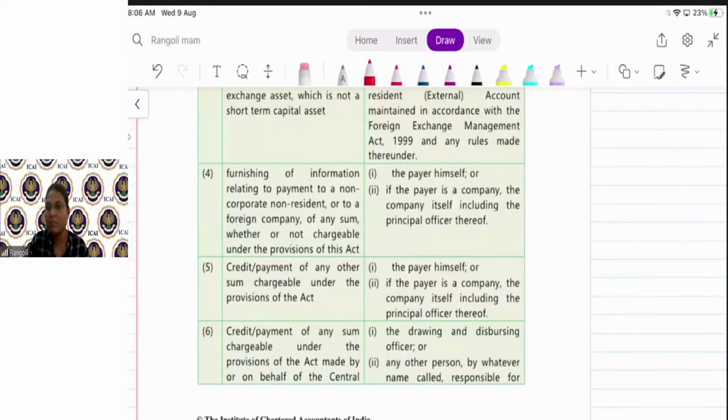If you are making any payment to a non-resident, then the payer itself is required to deduct TDS. And if the payer is a company, say for example you are paying dividend to a non-resident, then the principal officer of the company is required to deduct TDS. Credit or payment of any other sum chargeable under the provisions of the Act: the payer is required to deduct TDS, or in case the payer is a company, the principal officer of the company.